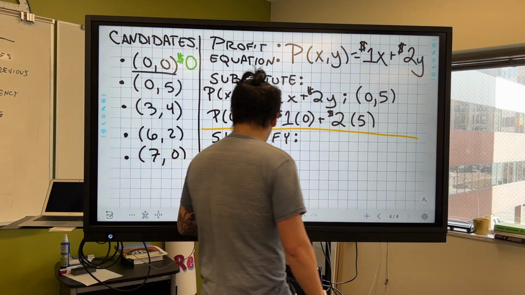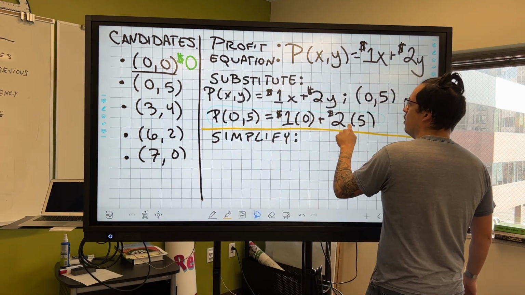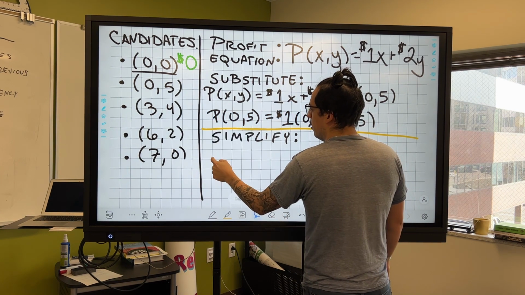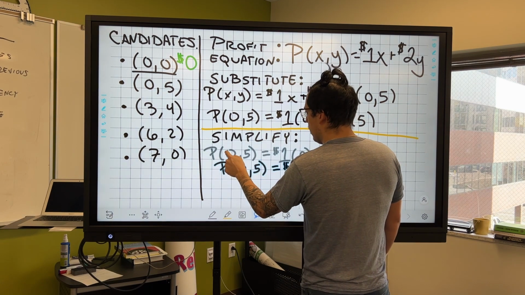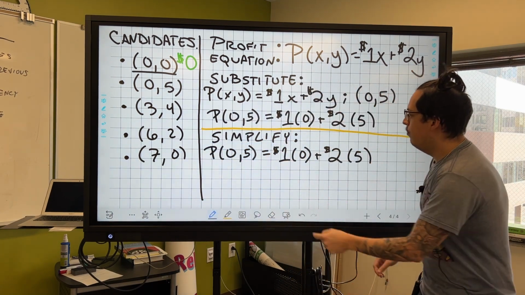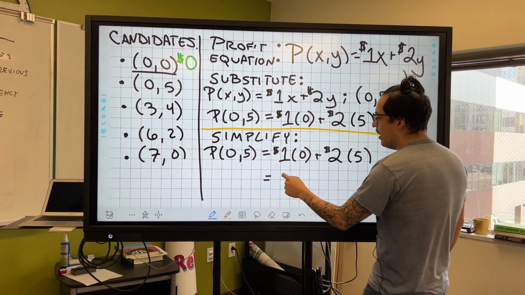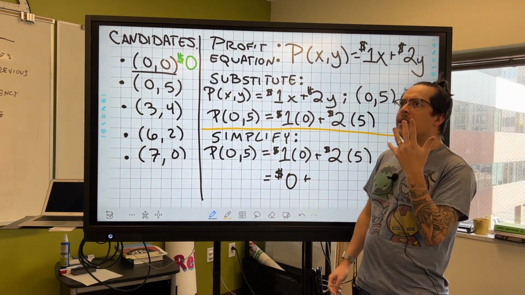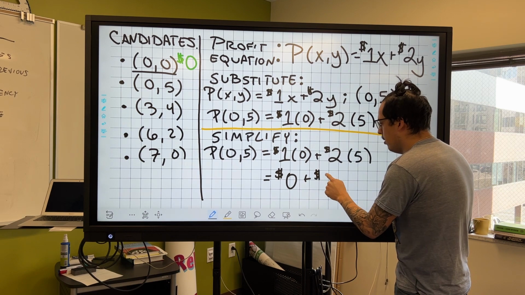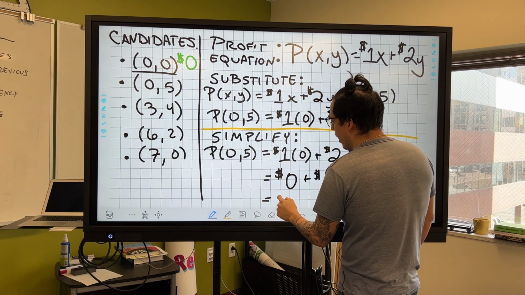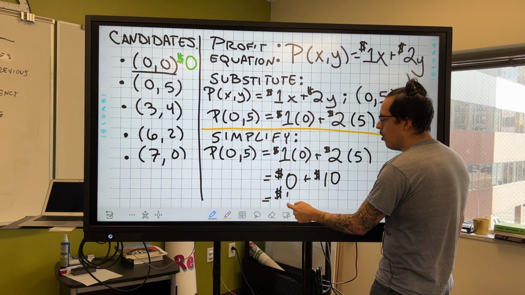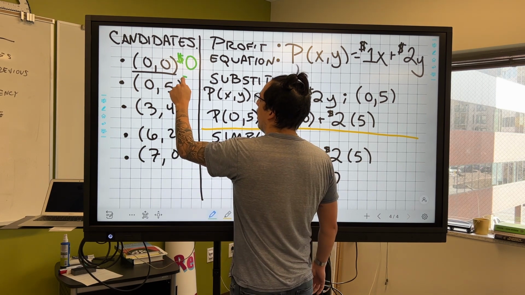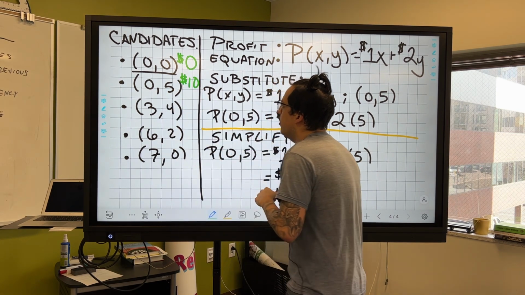All right, let's start to simplify 0, 5 in our equation. Okay. So, just like before, $1 times 0 is $0. $2 times 5, 2, 4, 6, 8, $10. And if we have no money, and then we get 10 bucks, in total we have 10 bucks. So our profit when we make 0 cars and 5 trucks is $10.